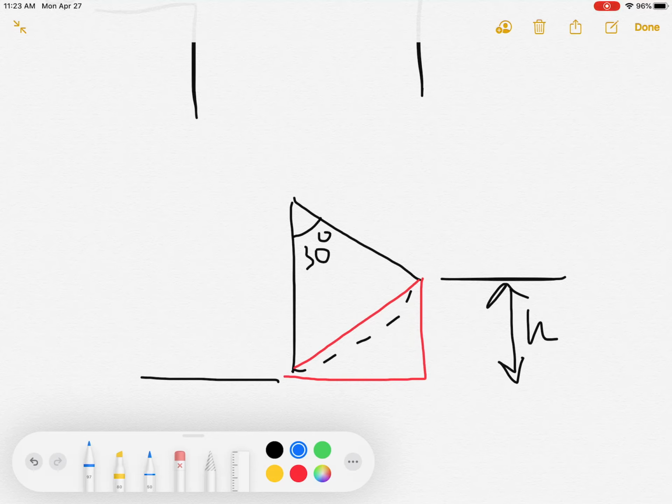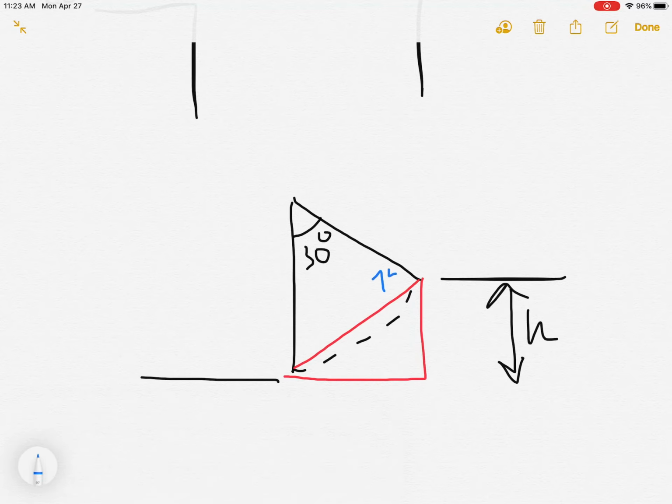So that means all the angles have to add to 180, but they have to be the same angle on either side. So if you subtract 30 from 180, you get 150, and then half of 150 is 75. So this would be a 75 degree angle here and a 75 degree angle here.